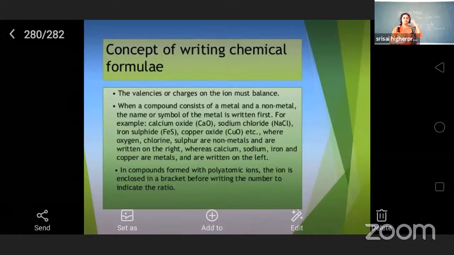In compounds formed with a polyatomic ion, the ion is enclosed in a bracket before writing the number to indicate the ratio. We have discussed ratios also. All of you know the atomic number, students. I told you to write the atomic number of all the elements. H.